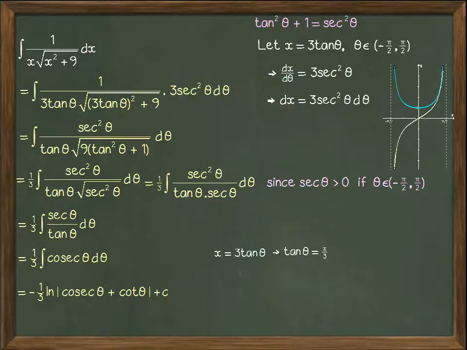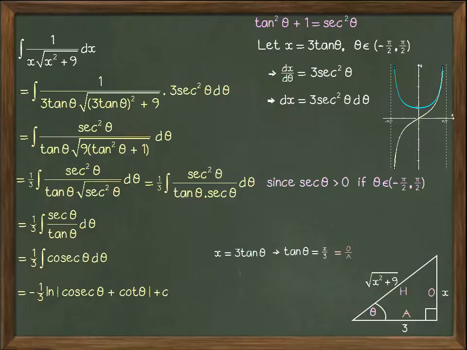To find expressions for cosec theta and cot theta in terms of x, we're going to look again at our right-angled triangle with reference angle theta. Now tan theta equals x over 3 is the opposite over the adjacent, and therefore my opposite is x and my adjacent is 3.